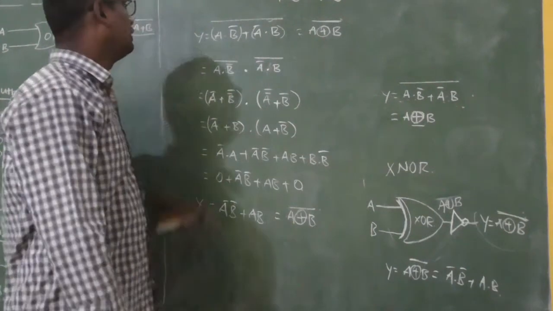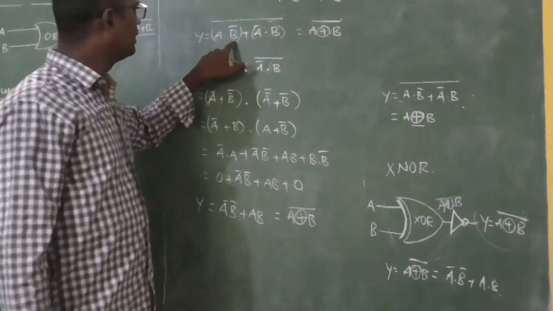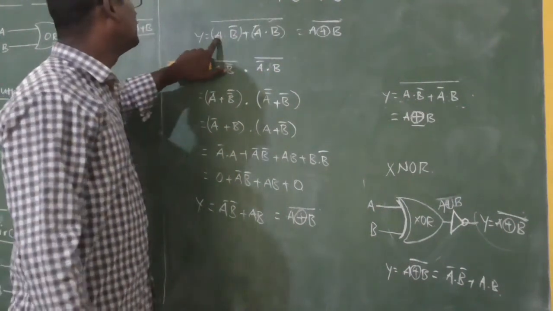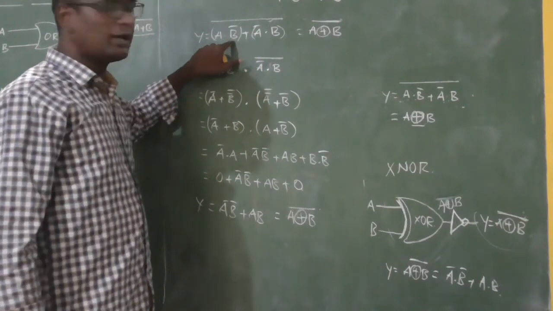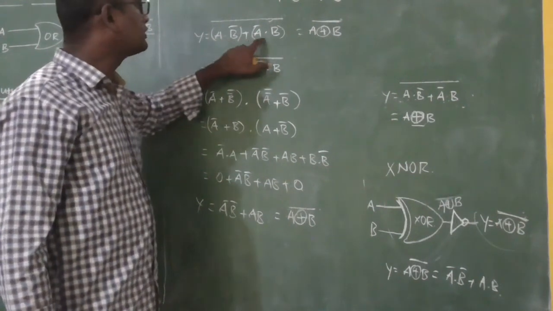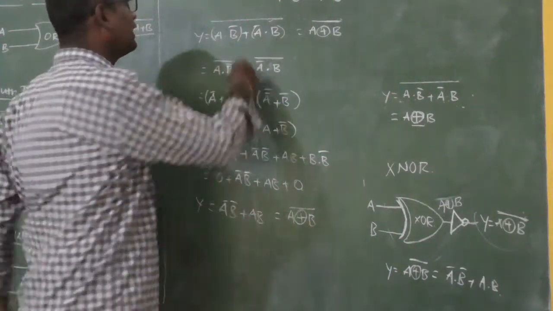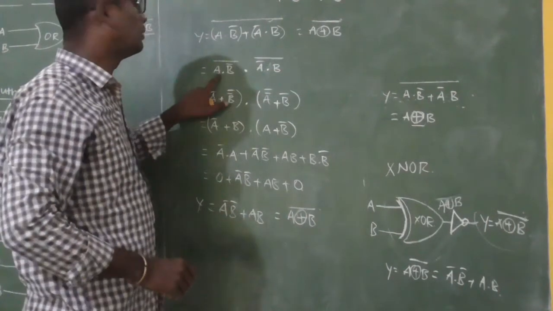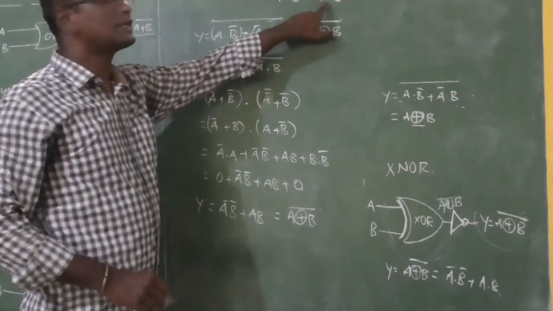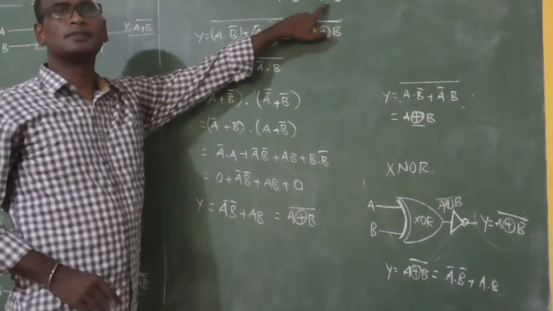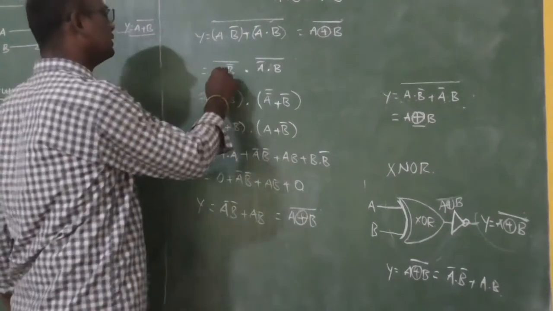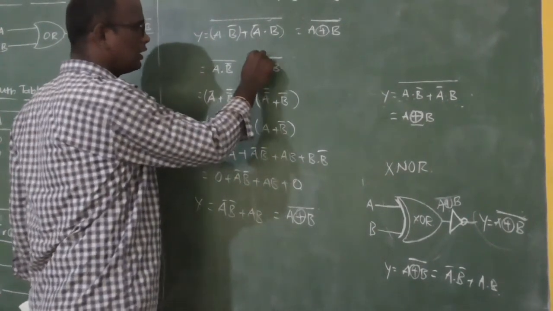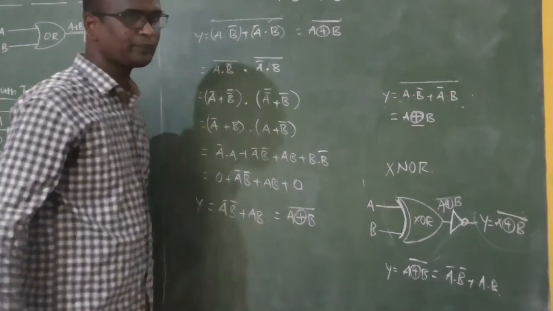This expression looks like the second theorem, where this whole term is considered as a and this as b. So a plus b whole bar becomes a bar dot b bar, and we get a dot b bar whole bar dot a bar dot b whole bar.